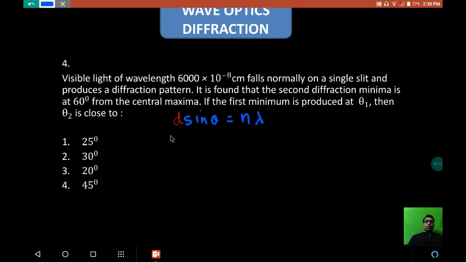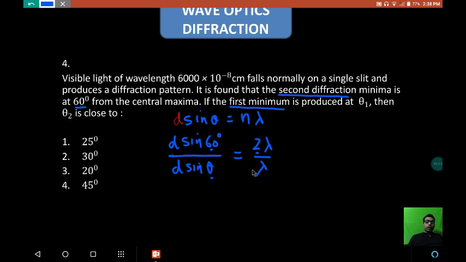For the first case, as the second diffraction minimum is given, we put the values as d sine 60 degree upon d sine theta equals 2 lambda upon lambda. This is for the second diffraction minimum. We put 60 degrees with n equals 2, and for the first minimum, n equals 1.